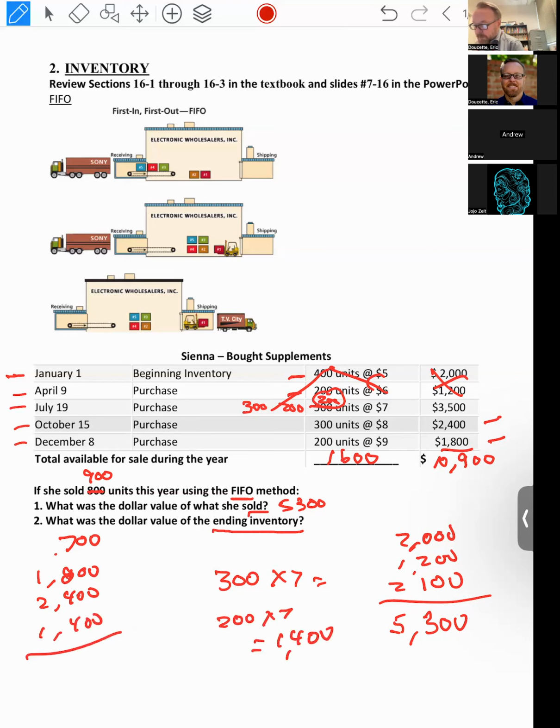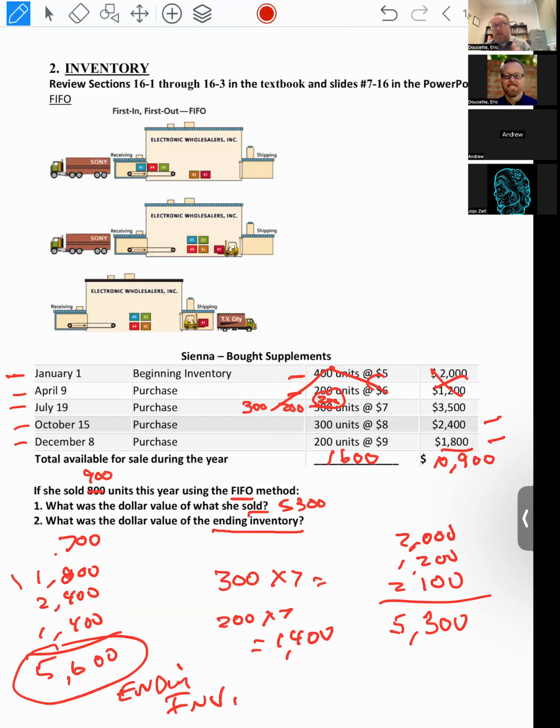So if I add all that up, it's 5,600. So she has $5,600 left in ending inventory. That make sense? Any questions on that? So I did both sides.